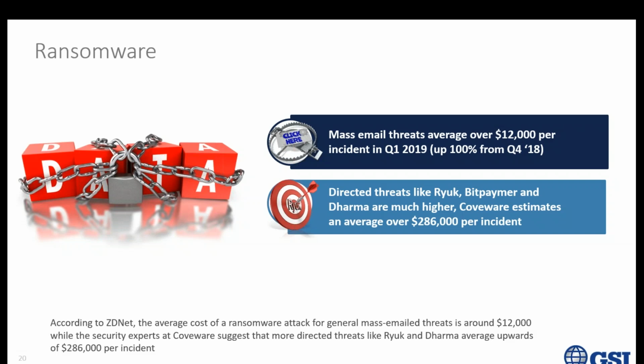That's the kind of threat that really is not directed to you specifically, but is just part of a much larger email dump. A lot of people get that same email, and for every one that clicks on the wrong link, the cost is around $12,000. And that was Q1 of 2019 that these facts are taken from, and that's up 100% from Q4 of 2018.